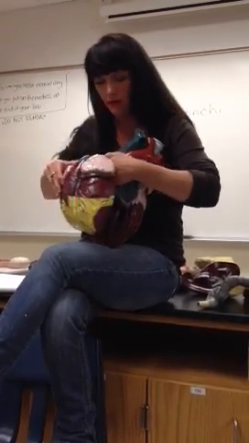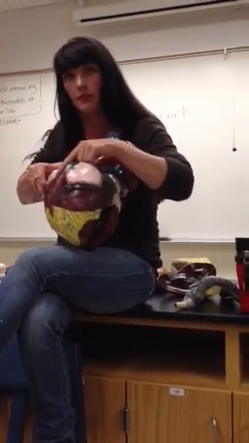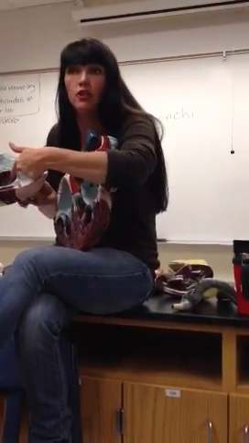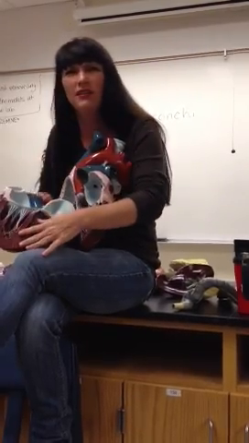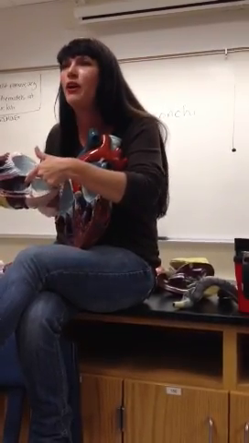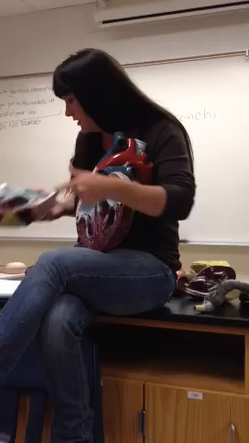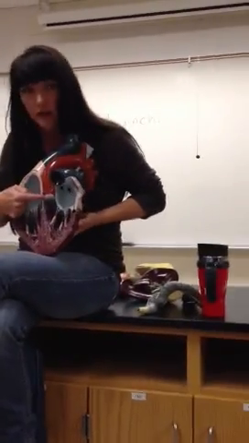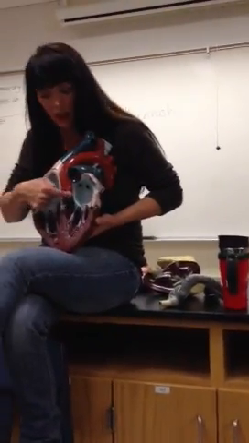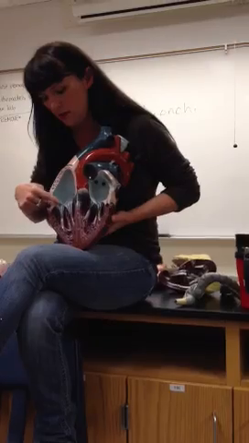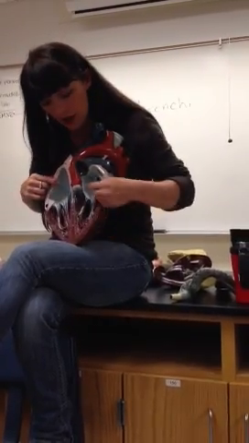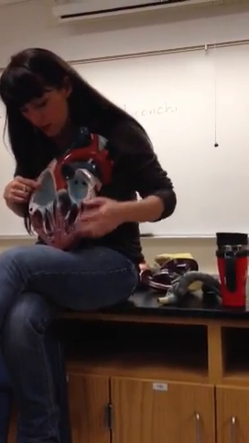Big fat blue blood vessel up the front. Pulmonary valve. Pulmonary trunk. There it is. What is that? Aortic valve. This is the tricuspid valve. This is the bicuspid valve.